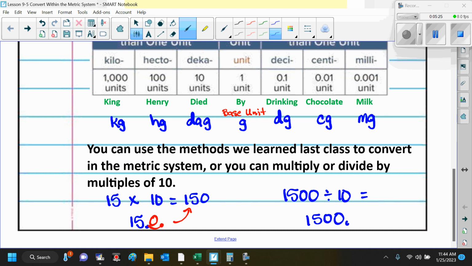My decimal is at the end of the whole number, and if I'm dividing by 10, how many times am I moving my decimal? We're just going to move it once to the left, right? And that's going to give us 150. So what we're going to be doing today is we're going to multiply or divide by multiples of 10 to convert within this metric system, okay?